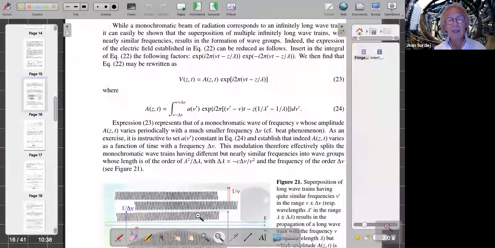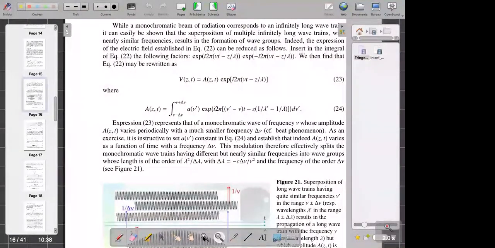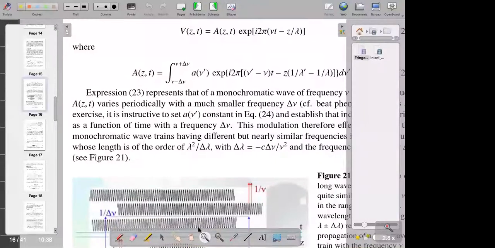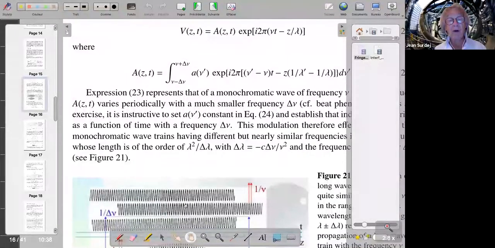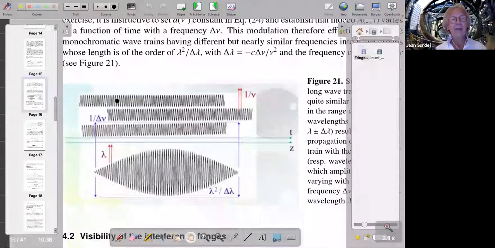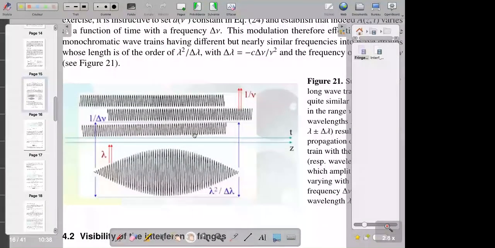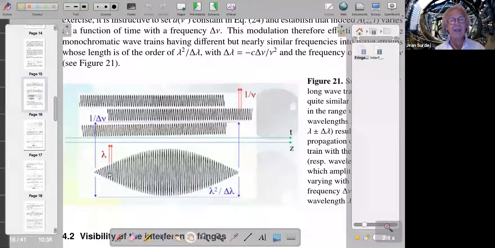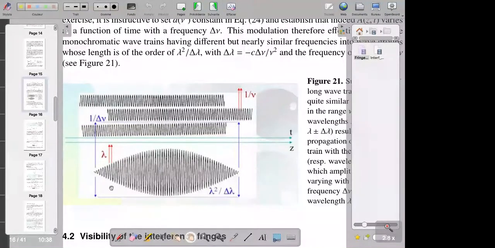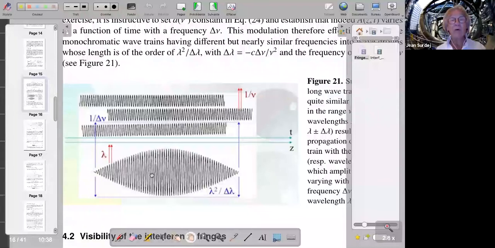Here there is an illustration of combining different trains of waves with frequencies very near to each other. The resulting train of waves is still a wave with frequency nu, but with its amplitude modulated. The period of modulation is 1 over delta nu, where delta nu is the bandwidth.